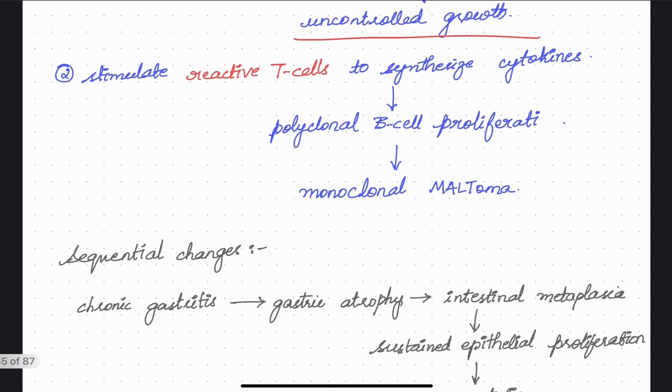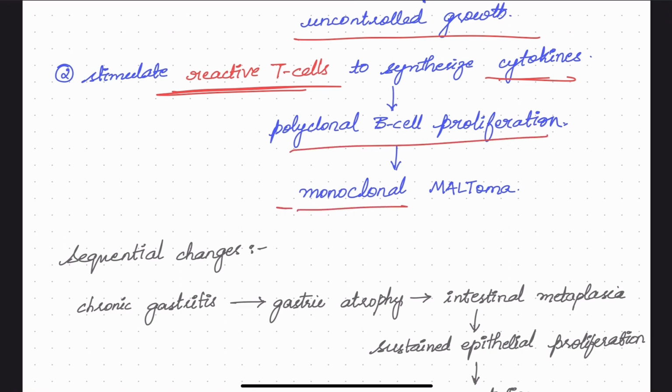They also stimulate reactive T cells. The reactive T cells synthesize cytokines which in turn stimulate B cells. So there is B cell proliferation. T cells stimulate B cells, which ultimately become a monoclonal MALToma.